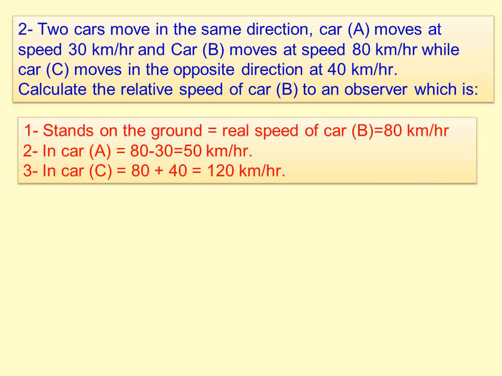We have here the real speed of car B equals 80 km per hour. So if the observer stands on the ground, the speed measured equals the speed of car B, which is 80 km per hour.